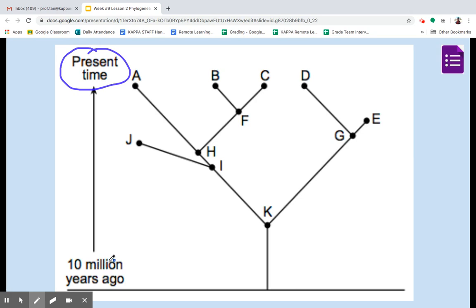So which of these species are still alive today? Any species that is next to the present time is going to be alive today. So A, B, C, and D. Any of these species below the present timeline, these are all going to be extinct.